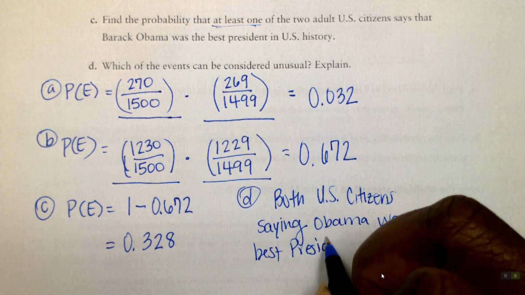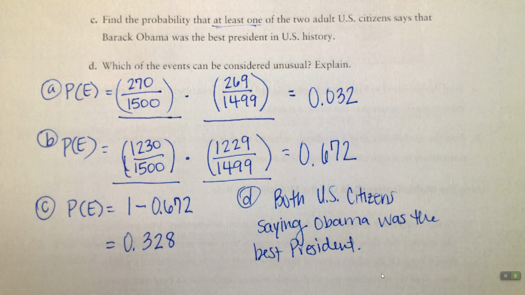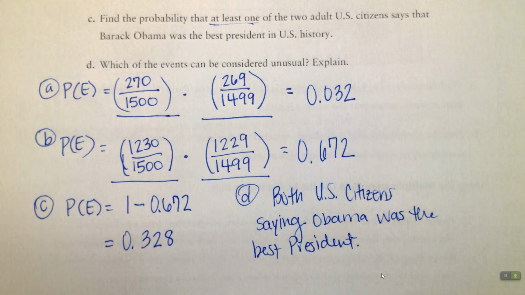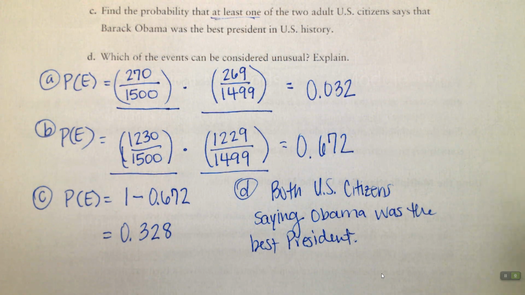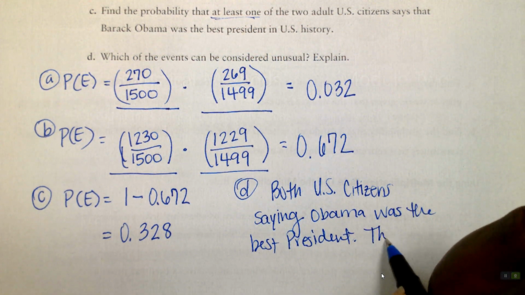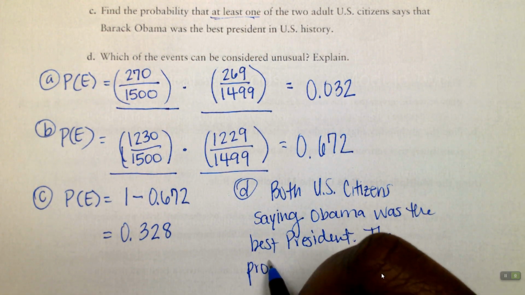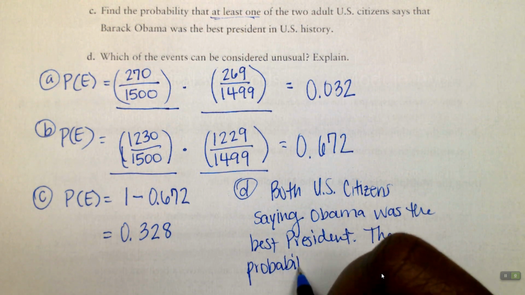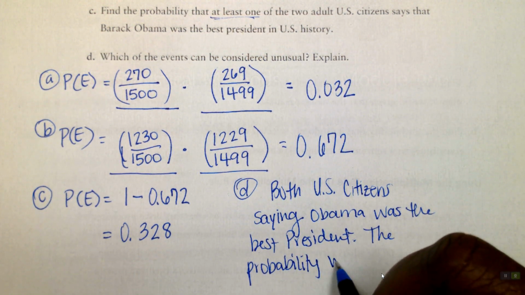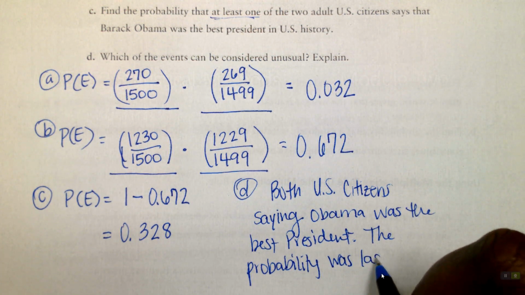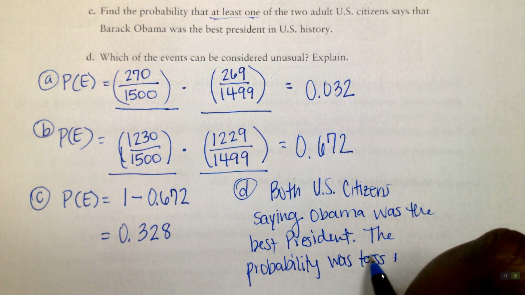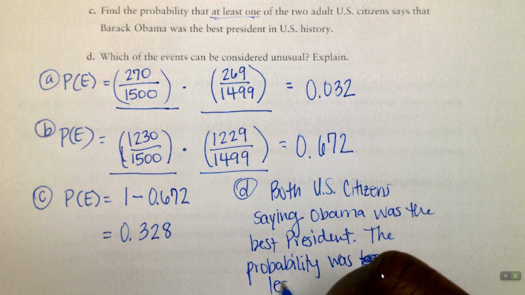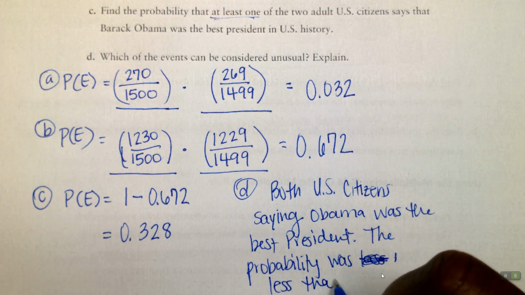That event, or A, the probability was less than 0.05.